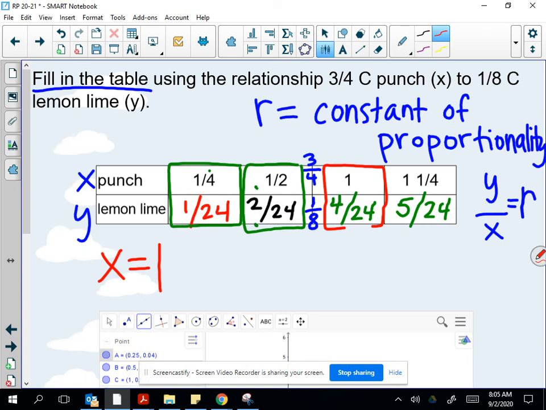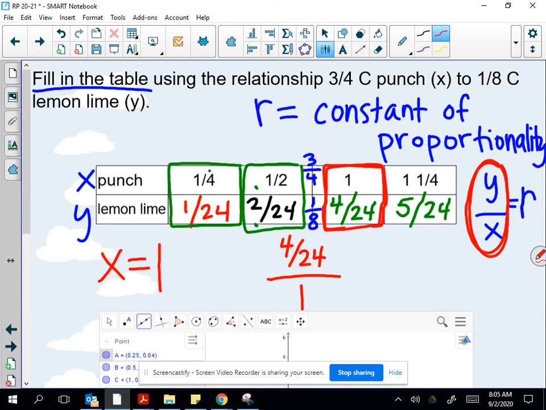Here I see that when x is 1, y is 4/24. That means my constant of proportionality is 4/24. Why did I put it over 1? I'm going back to this form just to show you that it simplifies to still be 1/6.